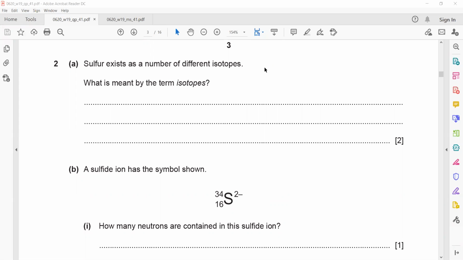Definition of isotope: same proton number but different neutron number. That's what we call isotopes, atoms of the same element. That's right.